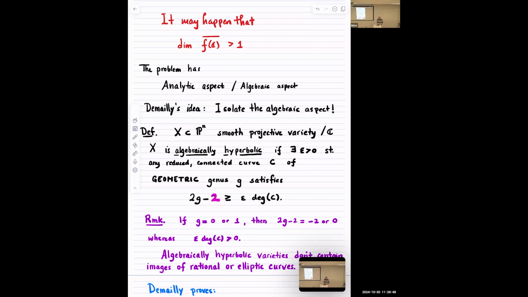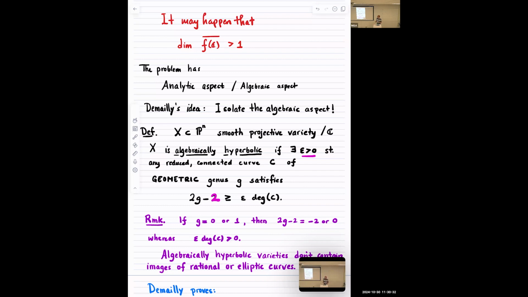So X is algebraically hyperbolic if there exists some epsilon greater than 0, such that for any curve C on X, the geometric genus satisfies 2g minus 2 is at least epsilon times the degree of C. Right, so there is a universal constant epsilon such that for any curve, 2g minus 2 is at least epsilon times the degree of C.